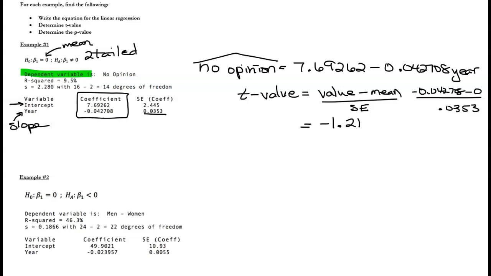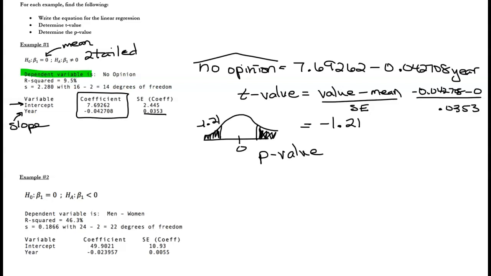And so now what we're going to do is we're going to take our calculator. And so our value is 0. This is negative 1.21. Now here's the thing. Remember, it's two-tailed. So whatever I get for my answer, I'm going to have to double.